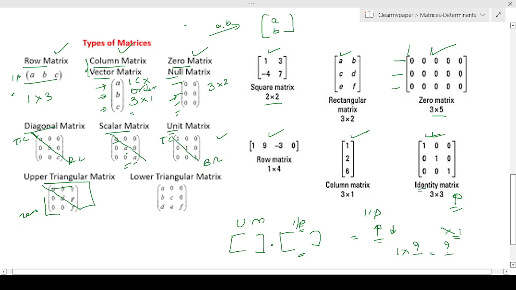That's called an upper triangular matrix. And the lower triangular matrix is the exact opposite. You draw the diagonal, and the triangle shape is formed using the non-zero elements across the diagonal and below the diagonal. Anything above the diagonal is 0. So those are lower triangular matrices.